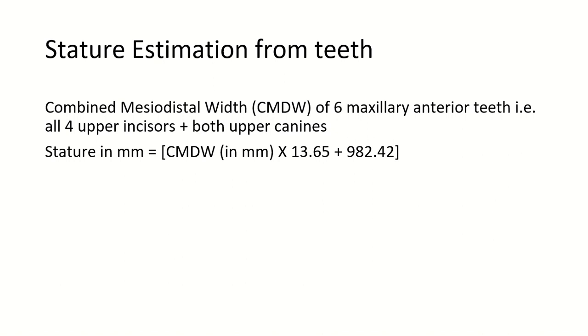Take the combined mesiodistal width of the 6 maxillary anterior teeth, that is the 4 upper incisors and both upper canines. The mesiodistal width in millimeters multiplied by 13.65 plus 982.42 gives the stature of the skeleton in millimeters.